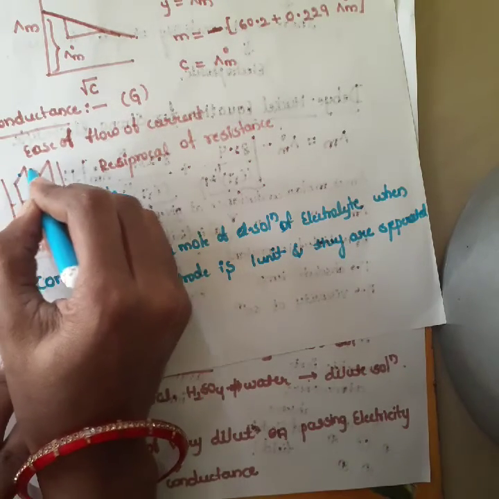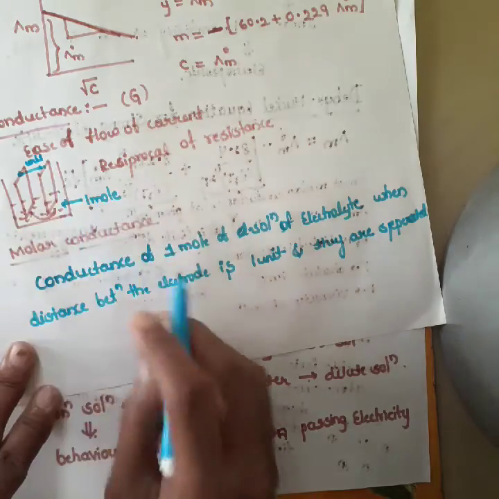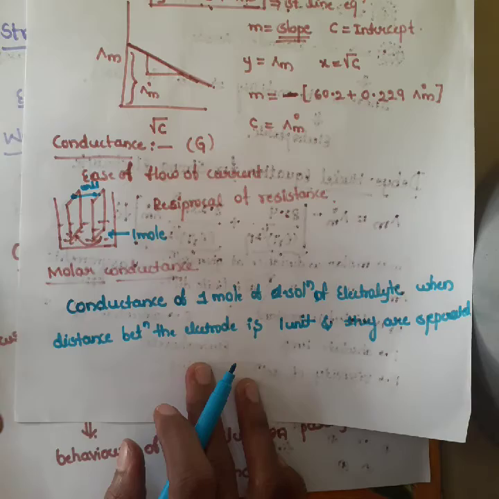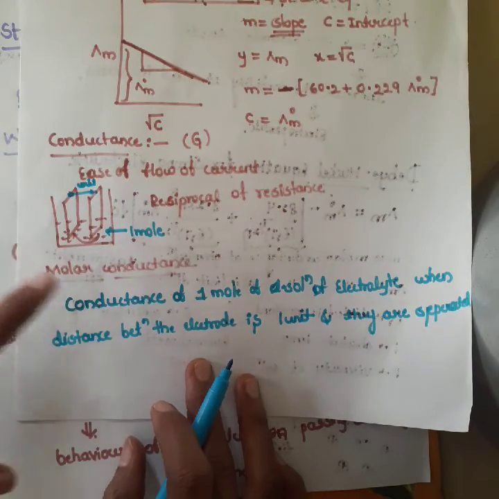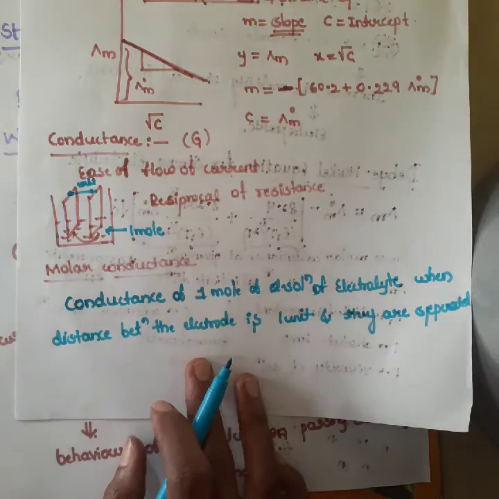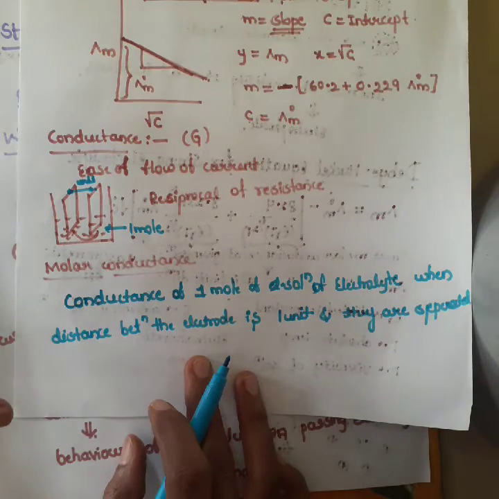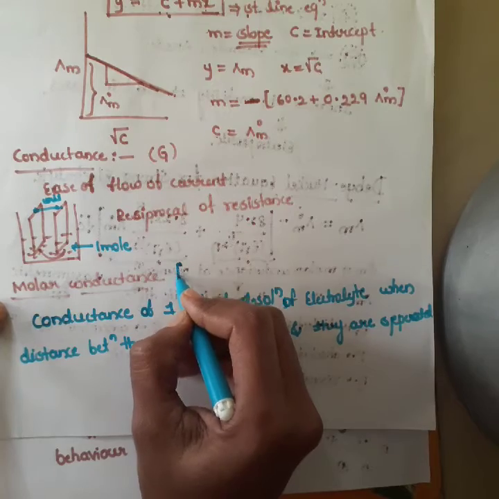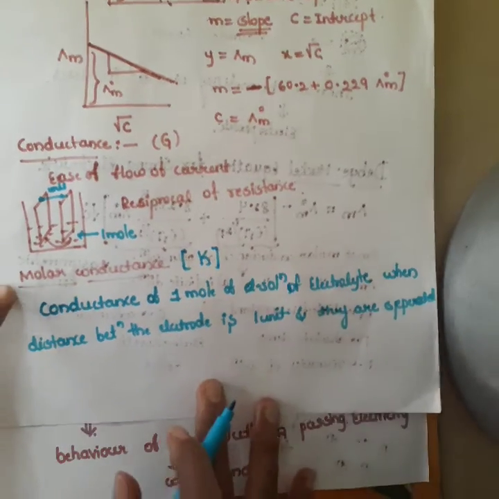The distance between this and this electrode is 1 unit, and 1 mole of electrolyte we have taken. Then what is the conductance? Molar conductance means the conductance of that solution when we consider 1 mole of solution and the distance between the two electrodes is 1 unit. That will give molar conductance. It is denoted by K, capital K.